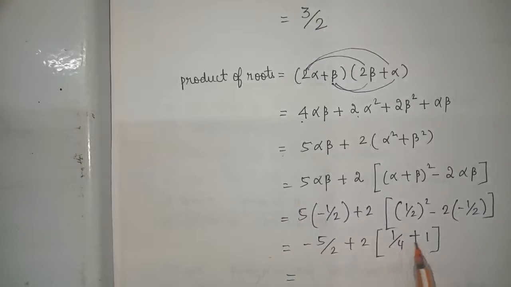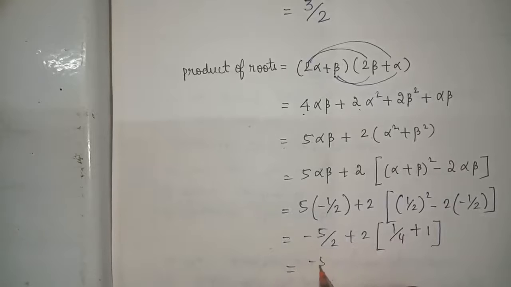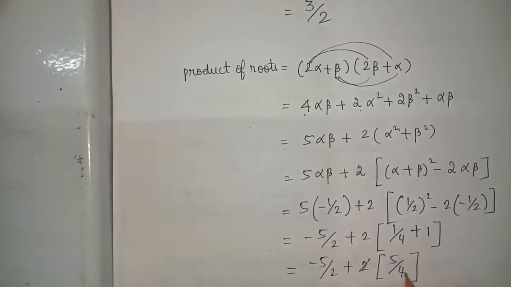Here also 4 cross multiplication you are taking means 4 into 1 is 4, 4 plus 1 is 5 by 4. So minus 5 by 2 plus 2 into 5 by 4. So 2 4 gets cancelled means remaining 2. So minus 5 by 2 plus 5 by 2 is equal to 0.